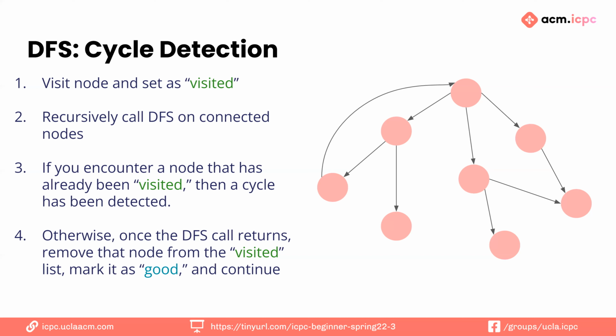Just for an example walk through: if we choose to start our DFS on this node, we call this visited. And then we do the usual DFS. We go to this node, and this node has no more unvisited neighbors, so we call it good.